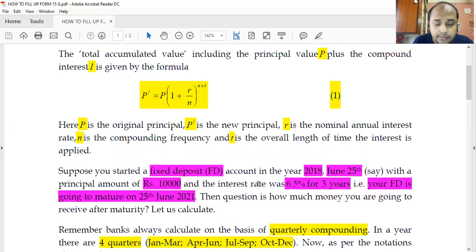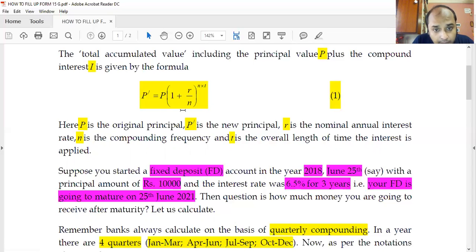And at that time the interest rate was 6.5%. And you have opened this FD account with that amount, rupees 10,000, for 3 years. That means your FD is going to mature by June 25th, 2021. After that, you are going to get your money.